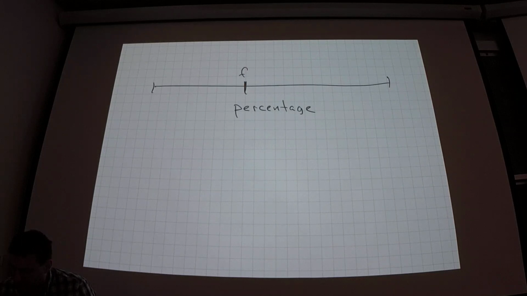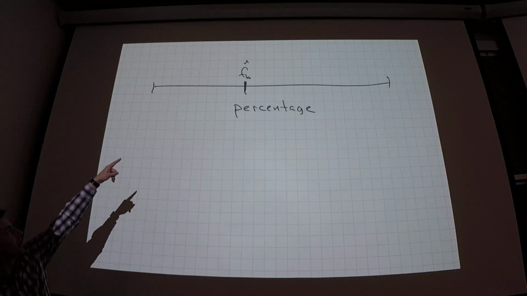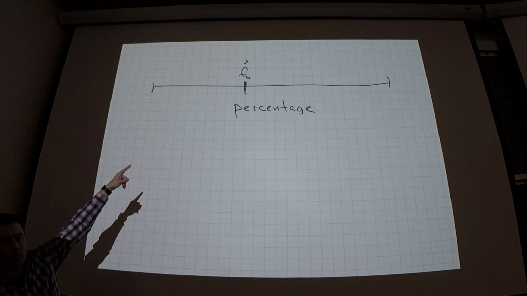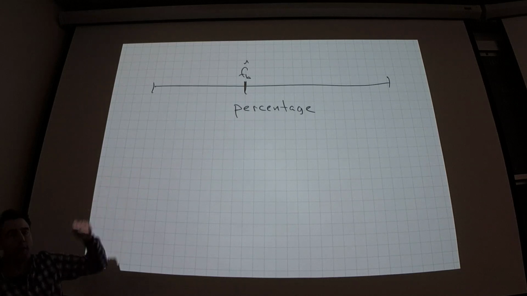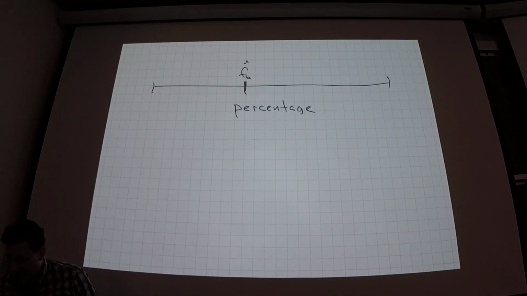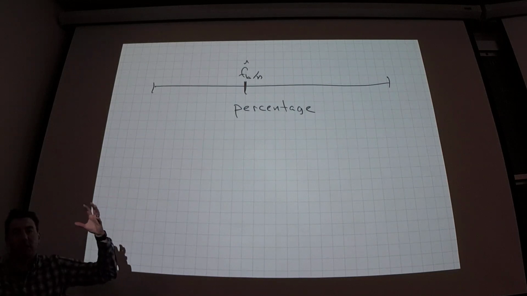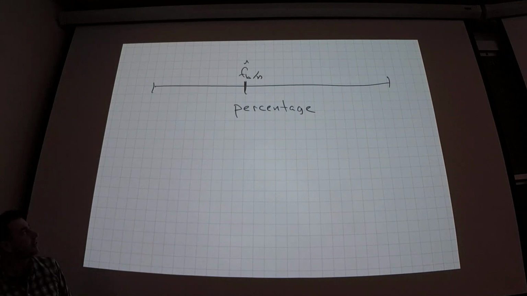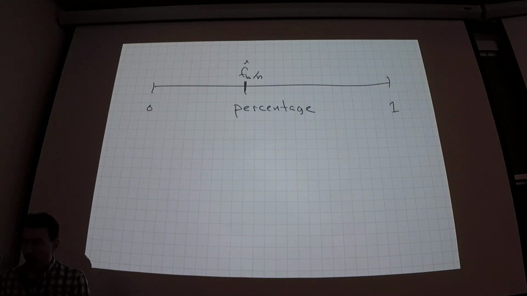The output of your algorithm is going to give you something like f(b) hat, an estimate of the frequency, the count of b, and I want you to divide this by n, the total count of the stream, so that this gives you a percentage between 0 and 1.